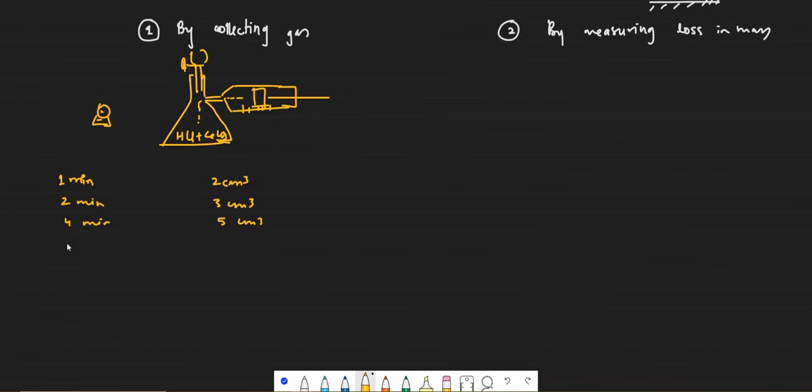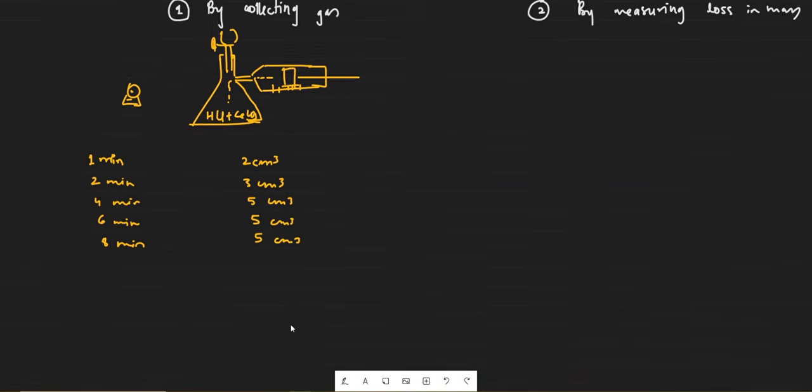After let's say 6 minutes, again 5 centimeter cube of gas was collected, and after 8 minutes 5 centimeter cube of gas is collected. These constant values of volume mean that no more gas is being released, which is why the plunger is not moving anywhere. That is why it is giving a constant volume value.